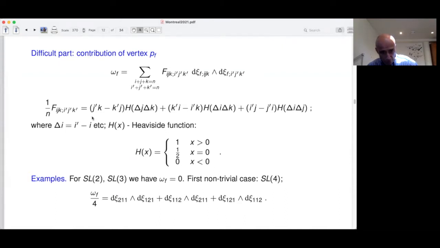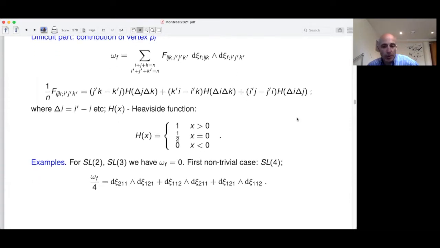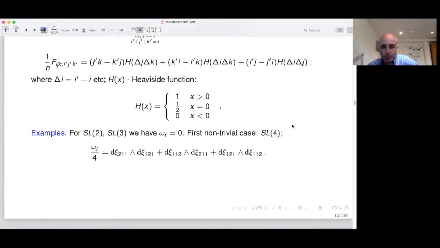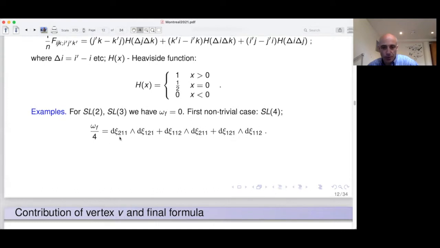Heaviside is this function. So basically, these variables are labeled by 3 integers such that the sum is n. And you write this expression, which, well, in SL4 is the first non-trivial case. It's like that.